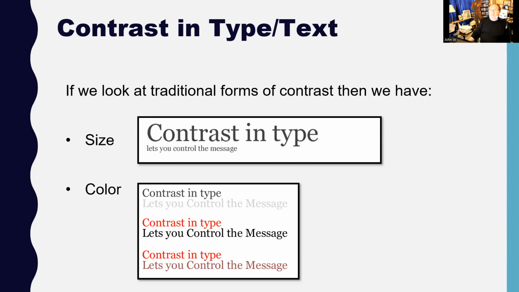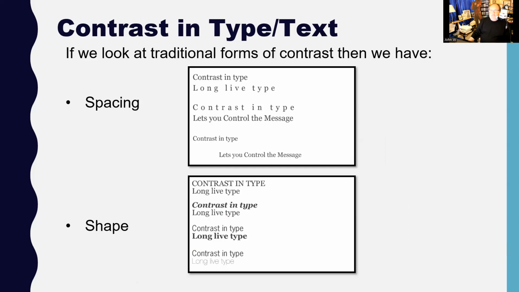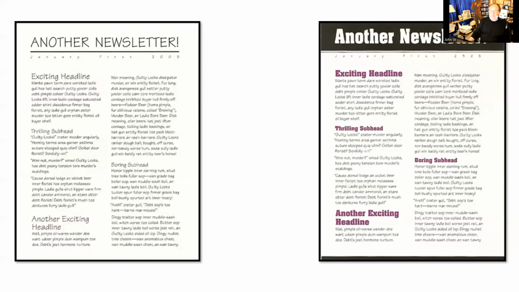If you look at traditional forms of contrast, we do have size and color, spacing, shape. So which one of these newsletters is better? Now you see the one on the left, you see that all the time. The one on the right is a little easier to read. It's not necessarily easier, it's the same font.